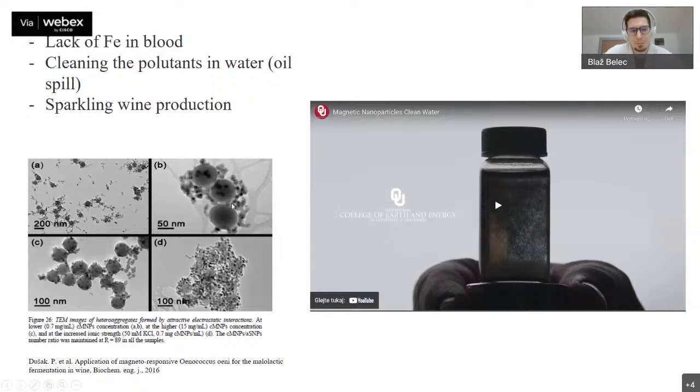Absorbed on the yeast. So especially for sparkling wine production, the most known is champagne. The production is so that the bottles, for instance, you can see they are orientated with neck down, and this yeast is extracted.